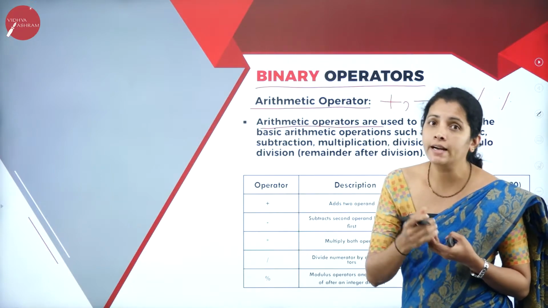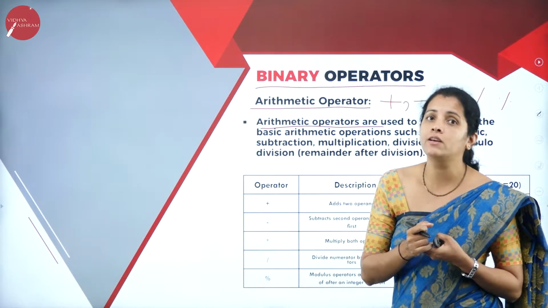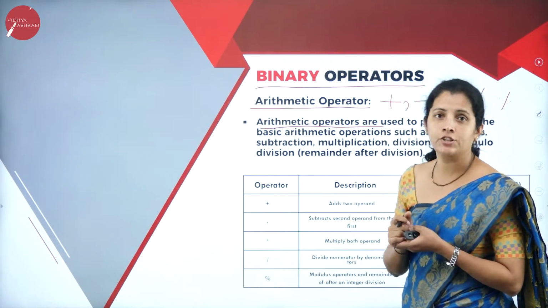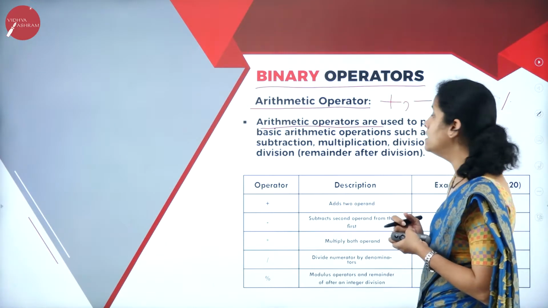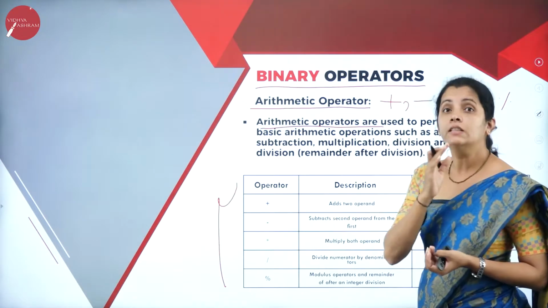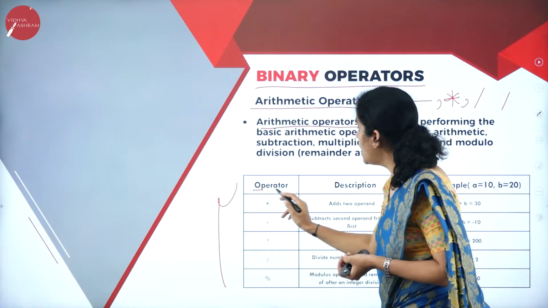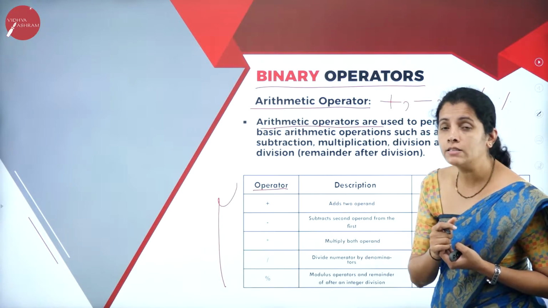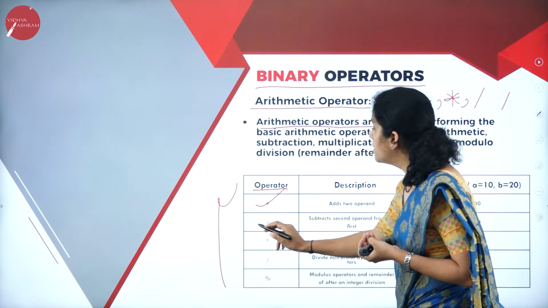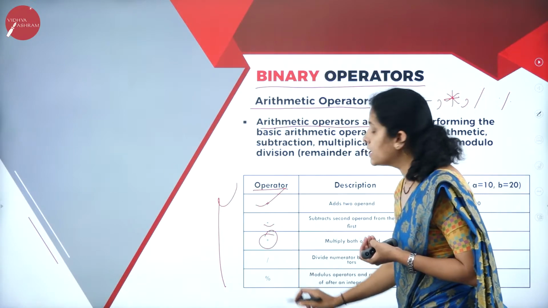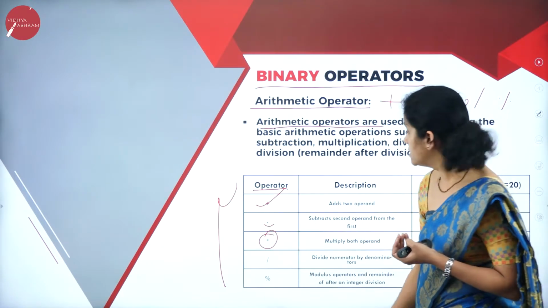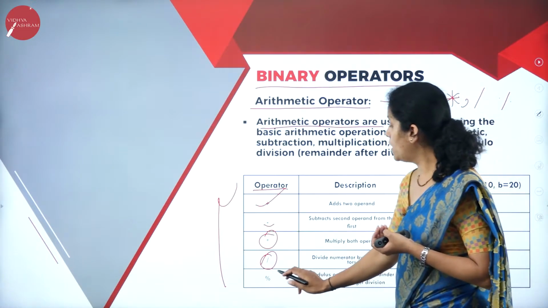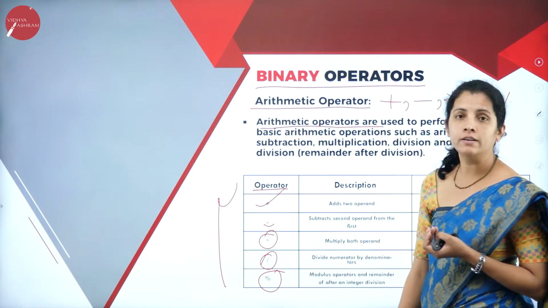Then what are the different kinds of arithmetic operations I can perform? That is addition, subtraction, multiplication and division. So these are the examples for arithmetic operators. So what are the operators? That is plus, minus, star, that is nothing but the asterisk, then forward slash, and I'm going to have the operator called mod.